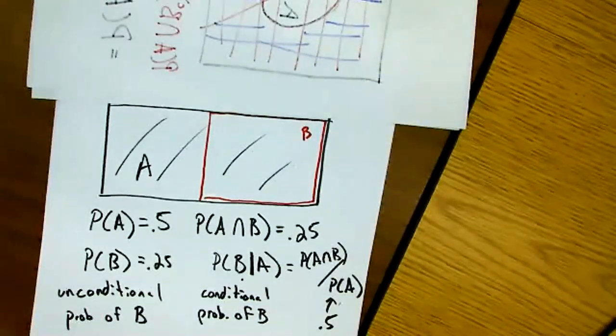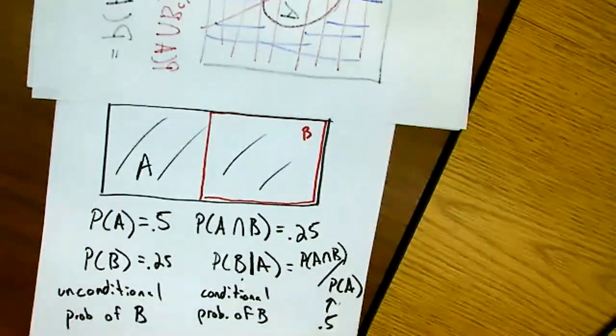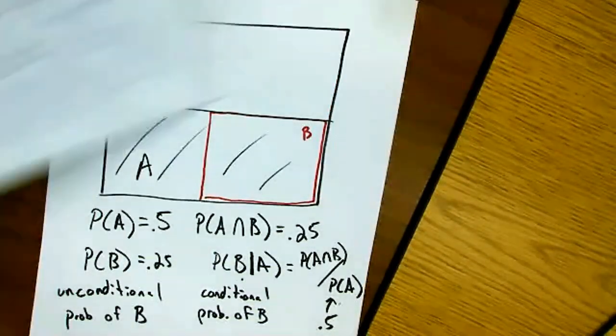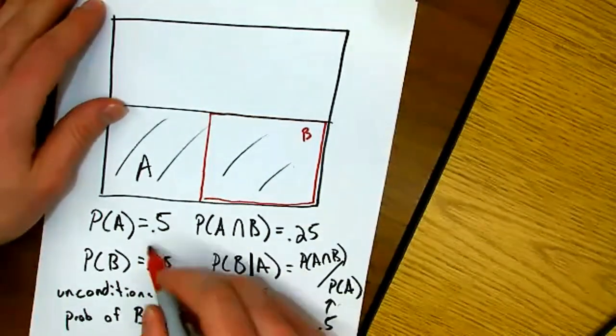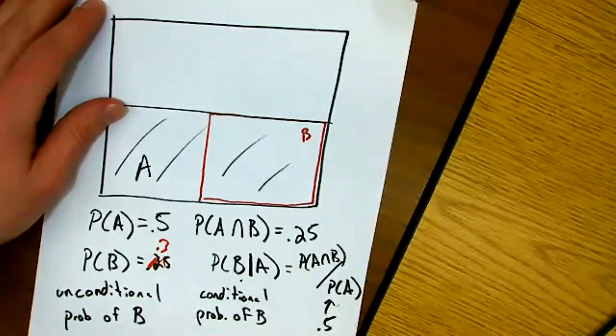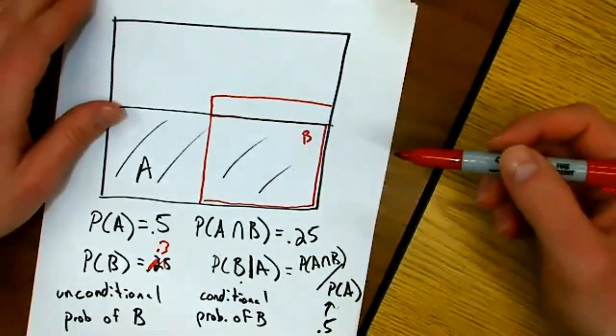Now I drew this one as an extreme example so that all of B was within event A. So here it was kind of odd because the probability of B and the probability of the intersection were the same thing, right? But what if that wasn't the case? Would this idea still hold? Well, let's go back here. Let's say now the probability of B, I make it 0.3. But I just extend it up here, right?